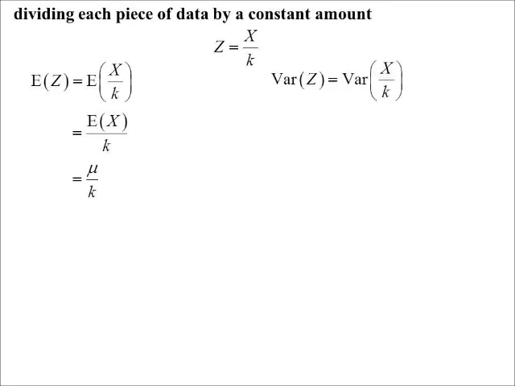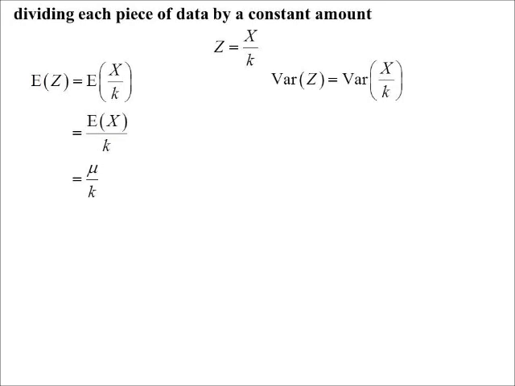A different way of doing it would be, instead of adding by a constant amount, we'll divide by a constant amount. So what would happen there? Now I'm going to define a new random variable z. So the expected value of z would be the expected value of x divided by k. And the variance of z will be the variance of x divided by k.